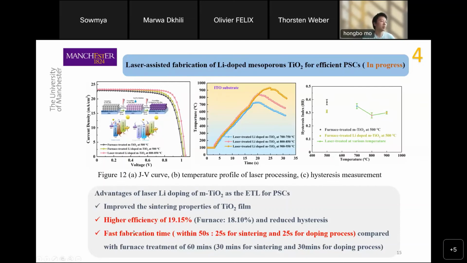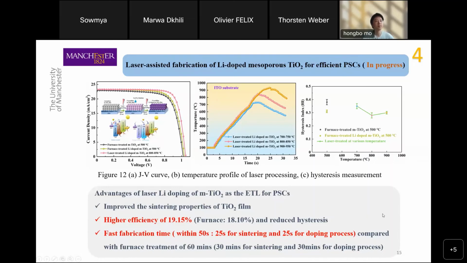The fabrication time is also reduced: 25 seconds for sintering and 55 seconds for the doping process, compared with the furnace of 30 minutes for sintering and 30 minutes for the doping process.